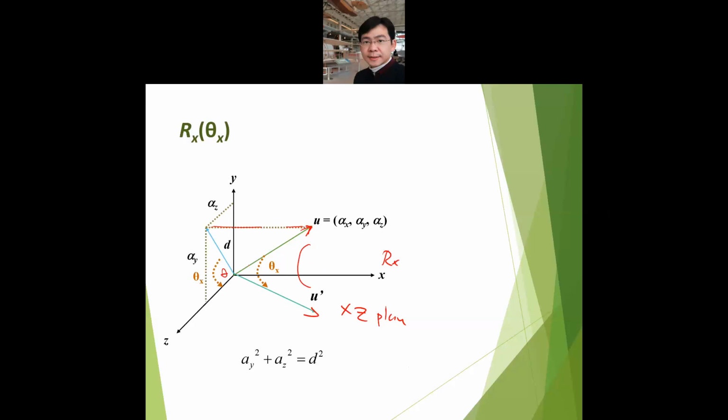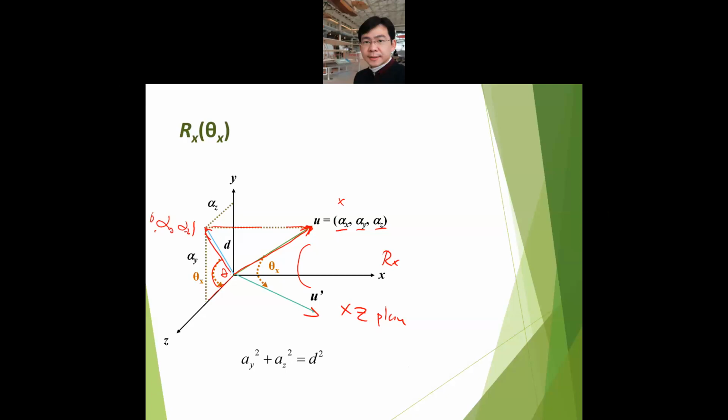And if we have a vector here with coordinates alpha x, alpha y, alpha z, its projection is simply removing the x part. So this point could be 0, alpha y, and alpha z here, right? Because we have this vector, we can simply estimate the so-called theta here, right?